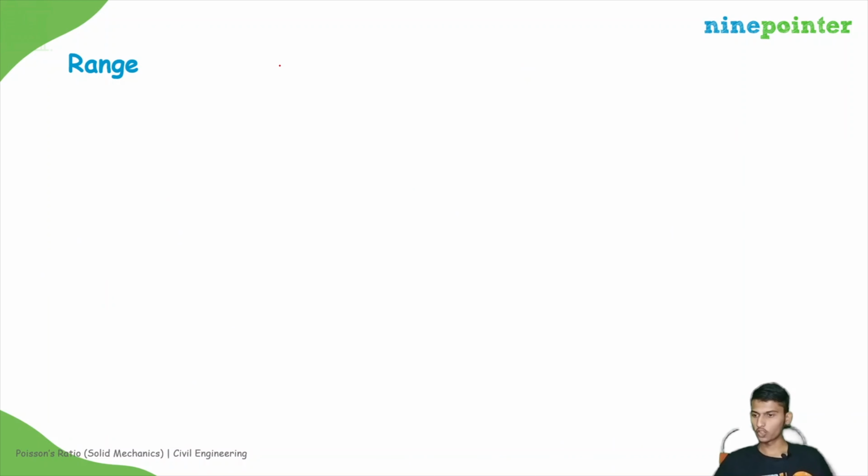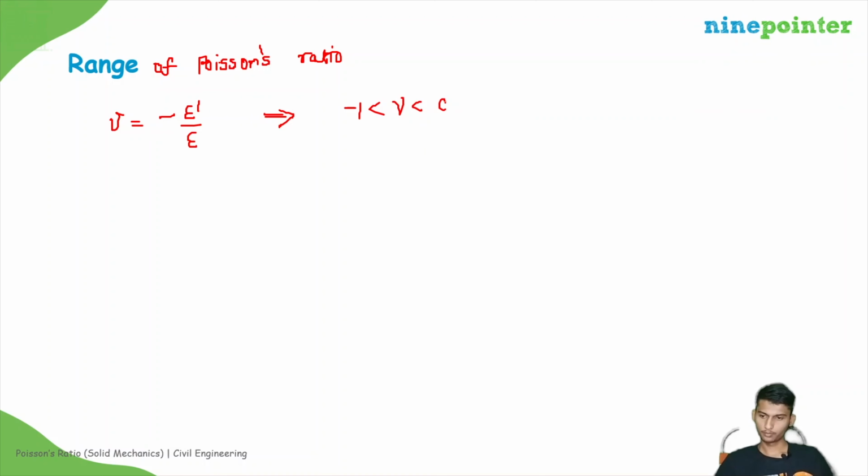So what is the range of Poisson's ratio? See, we said Poisson's ratio is equal to minus epsilon dash by epsilon. But what is the range of this value, meaning how much range does it have? So the range of Poisson's ratio is -1 less than mu less than 0.5. Right.